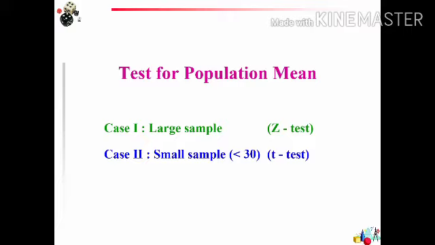It is used to test whether the population parameter is different from a specified value. I will explain it clearly with an example.